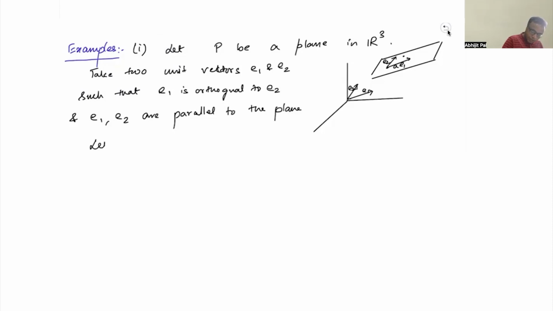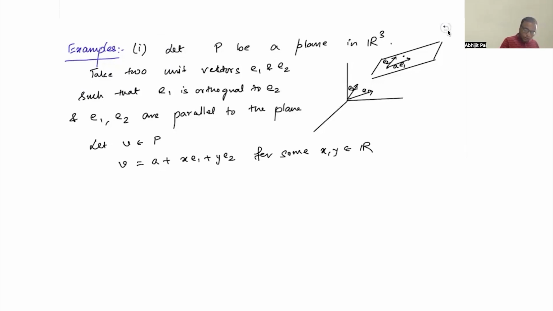So let us take B belonging to P. Then B is always equal to A plus X E1 plus Y E2 for some X, Y belonging to R.